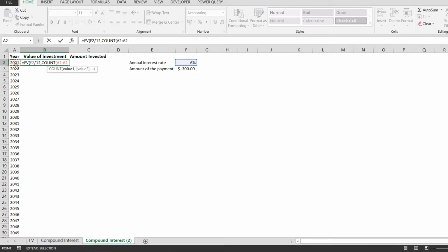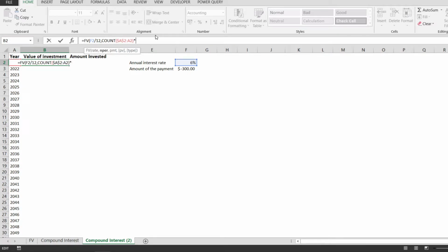And initially, we're going to have only one value, and the first A2 from here, I'm going to make it an absolute reference, because whenever I'm going to drag the formula down, this range right here will modify from A2 to A3, A4, A5. But I want this to stay consistent, to never change.